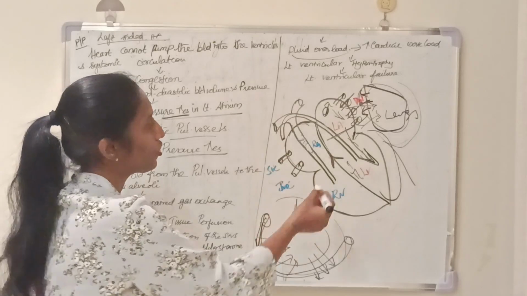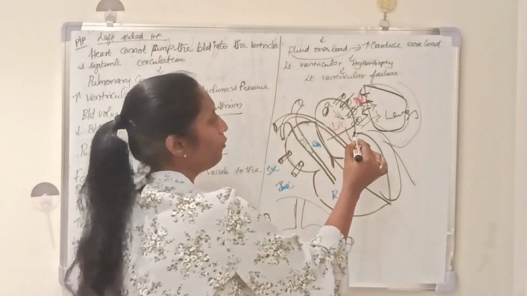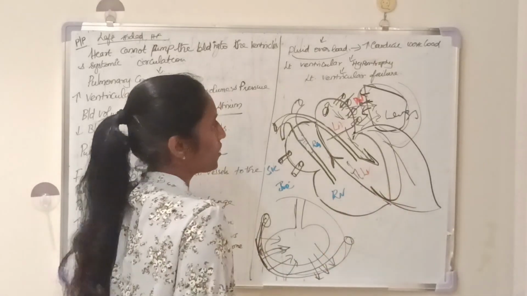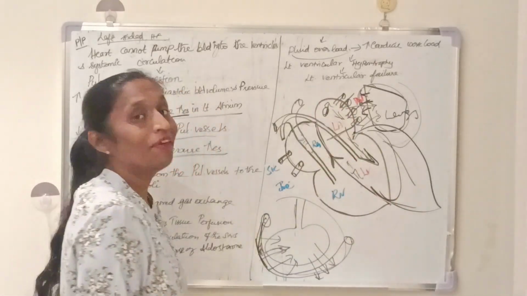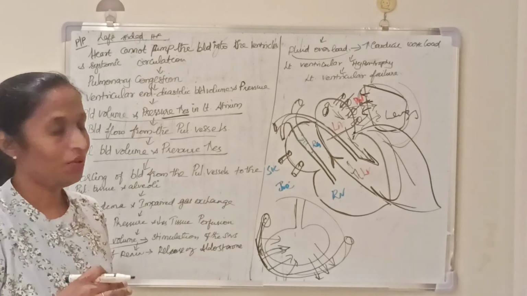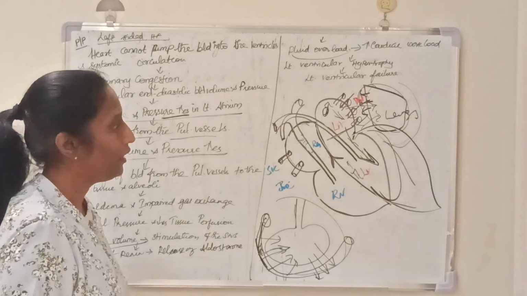So again and again there is pooling of blood. There will be hypertrophy of the left ventricle of the heart, and that may lead to left ventricular failure. Understand? So what is happening in left side heart failure?